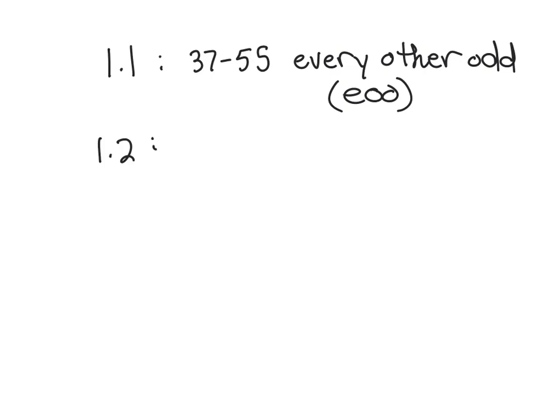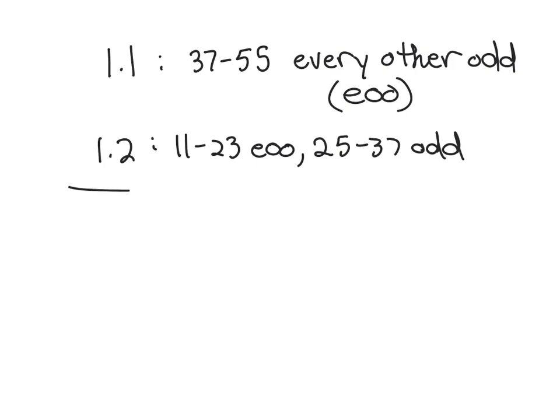1.2 is 11 through 23, every other odd. 25 through 37 odd. And there's one more video to come in quick succession, because what we just did should be pretty close to review, except for the identity matrix stuff.